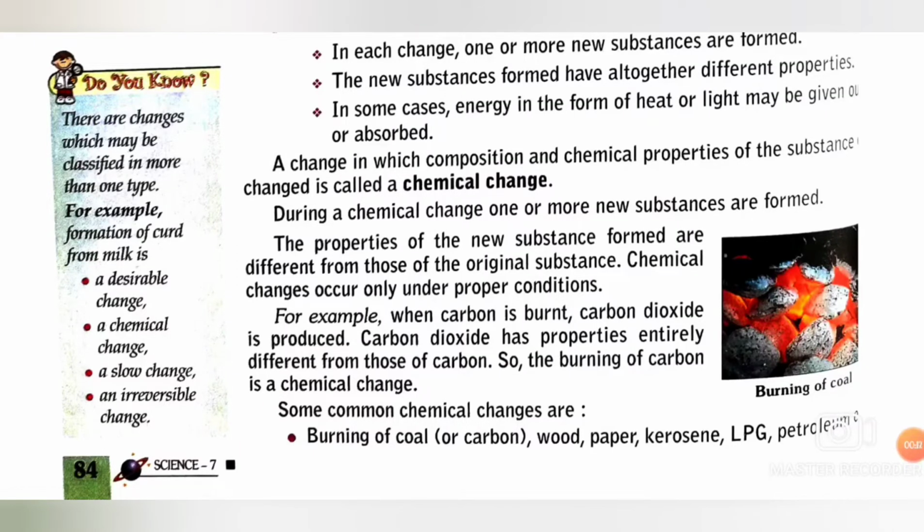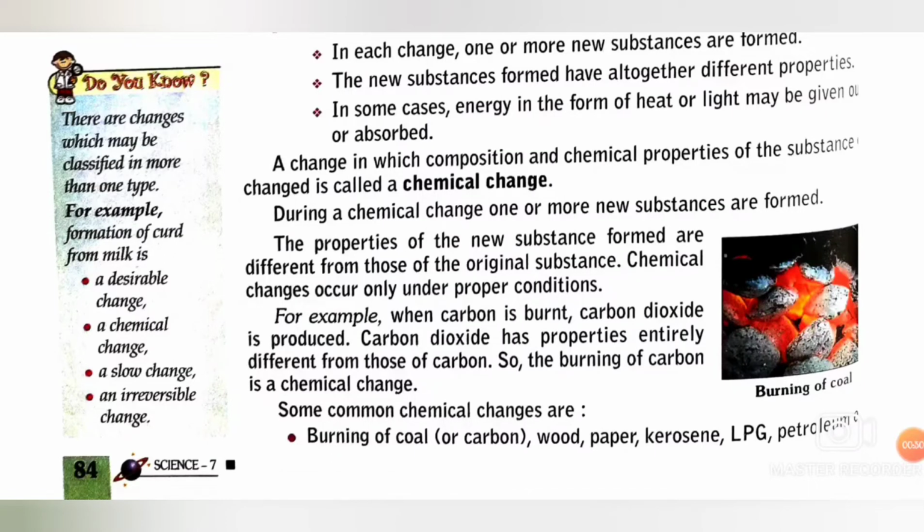That means they also have different properties from the original substances. You can obviously see that magnesium and oxygen, these two are completely different from the newly produced magnesium oxide.